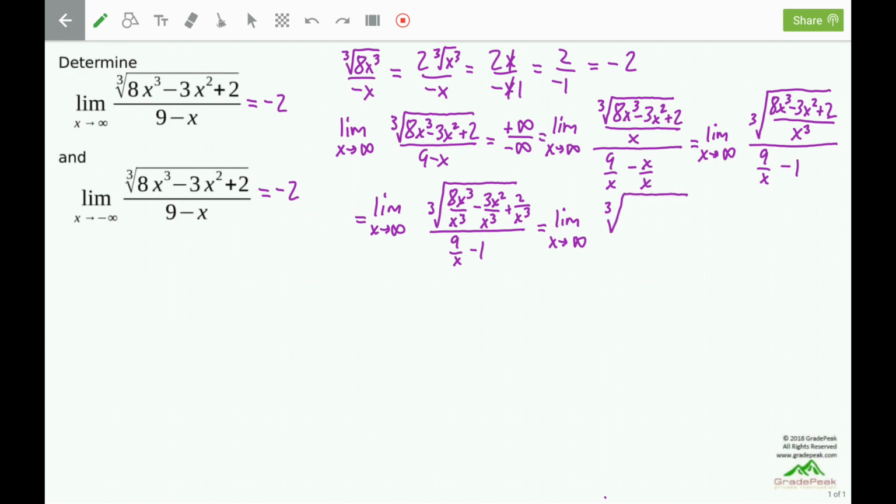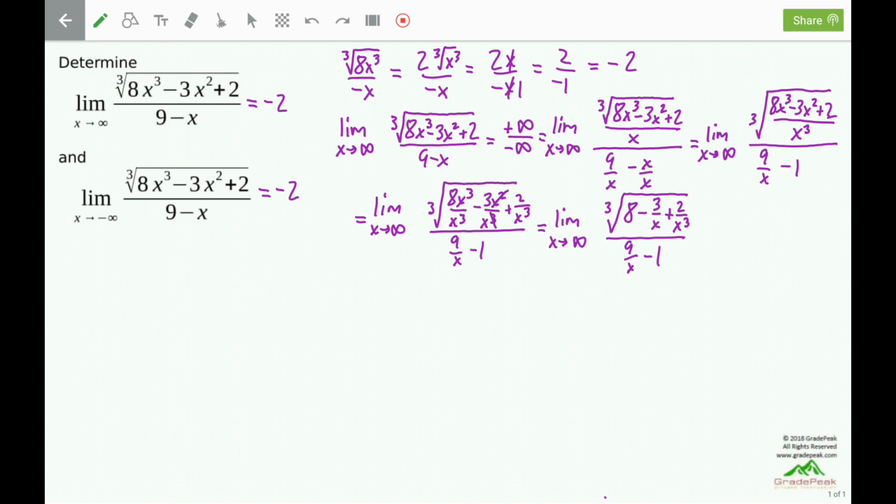The first term in the numerator, the x cubes fully cancel, leaving an 8. In the second term, 2 x's in the denominator will cancel the 2 x's in the numerator, leaving a minus 3 over x. The third term has no x's that can cancel. It will remain as a positive 2 over x cubed.